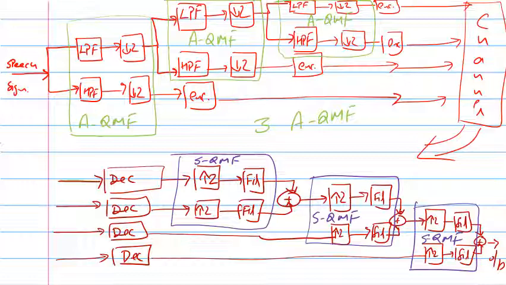So here again you can see that you are using three synthesis QMFs. Okay. So in this way, we can use a two-channel quadrature mirror filter bank in sub-band coding.